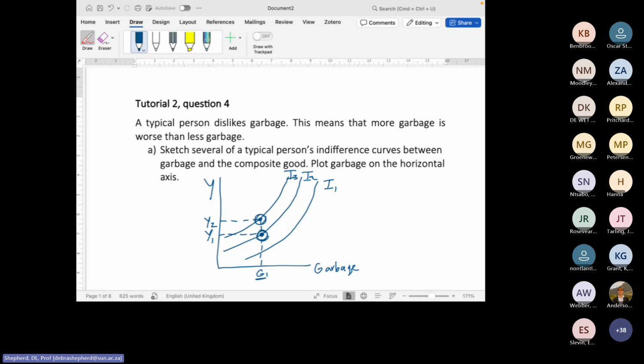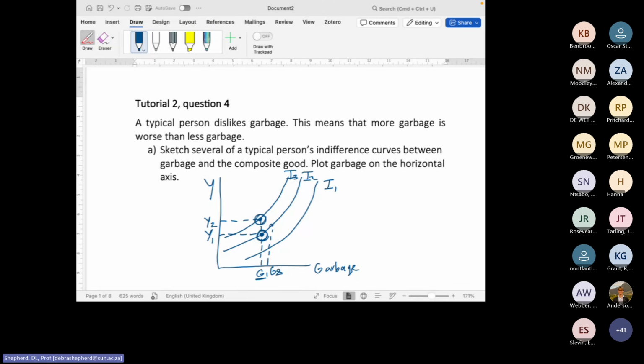But then why do these curves have convex shapes? Okay, so the reason why the curve has a convex shape is because if this person was to consume just a little bit more garbage, that's going to make them less satisfied. That's going to give them disutility. So that's G2.